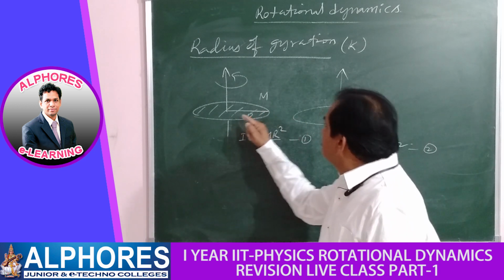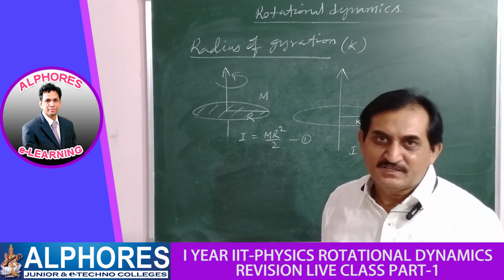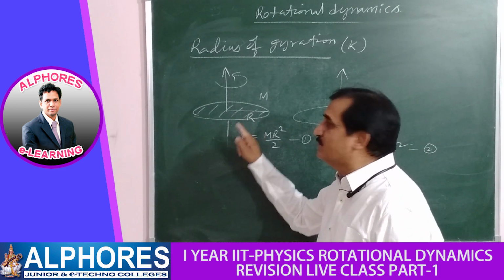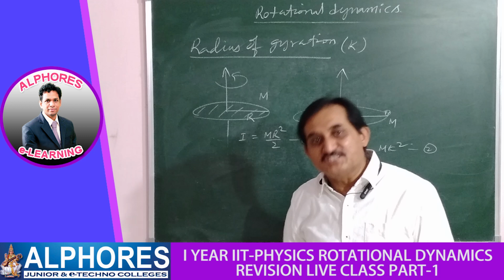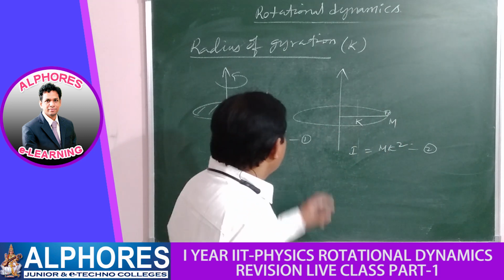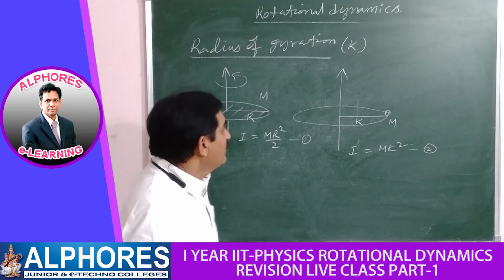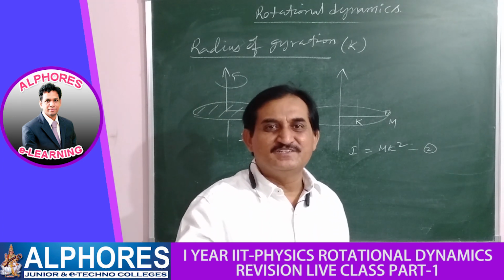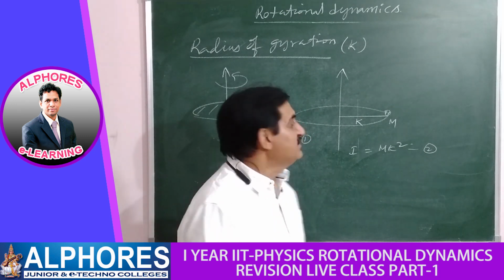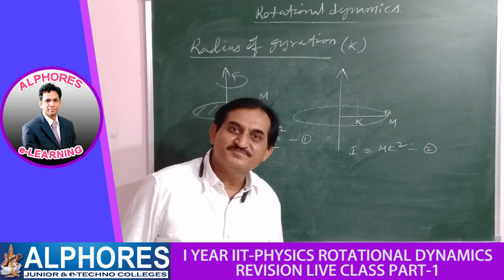See, the radius of gyration of a rigid body about a fixed axis is defined as the effective distance where the whole mass of the body is supposed to be concentrated so as to have the same moment of inertia as that of the given object.